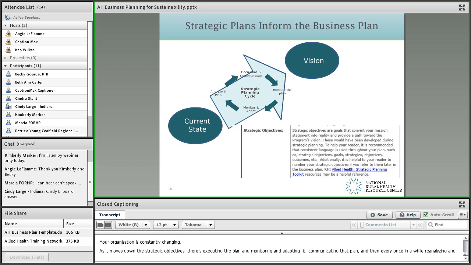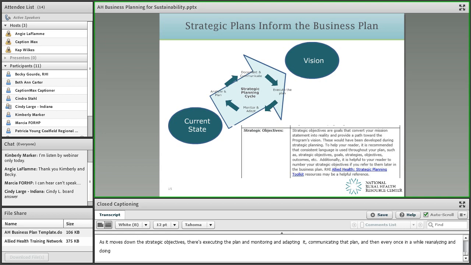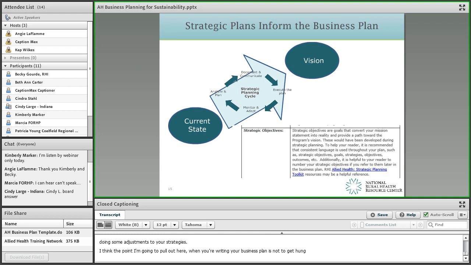So as programs are in this continuous state of adaptation and improvement, and as everyone in the organization is making decisions that move towards the vision, the current state is constantly shifting and adapting to the environment so that it continues to work towards those achievements.